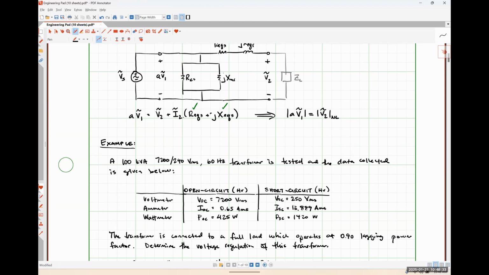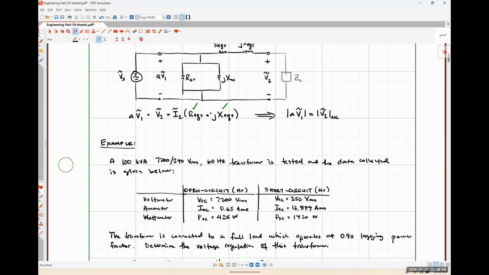Because realistically, if we assume V2 is 0 or has a phase angle of 0, I2's phase angle is going to be whatever it is. If we assume the phase angle of our secondary voltage was 43 degrees, I2 would still be the same amount away from that reference assumption. So in the grand scheme of things, it's not going to hurt anything for us to make an assumption here.